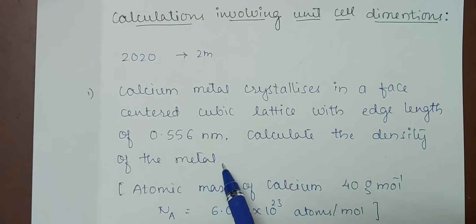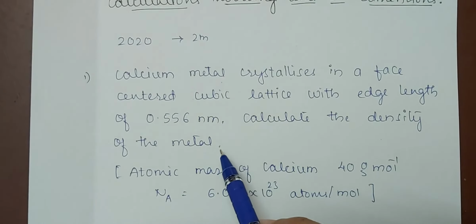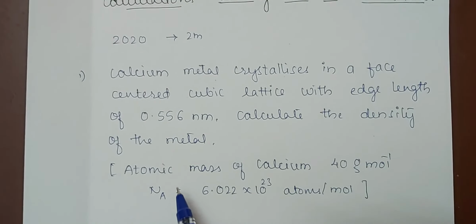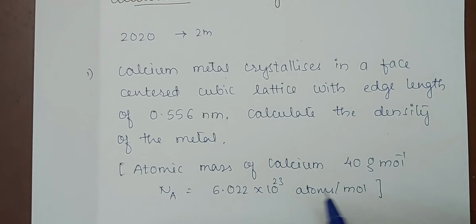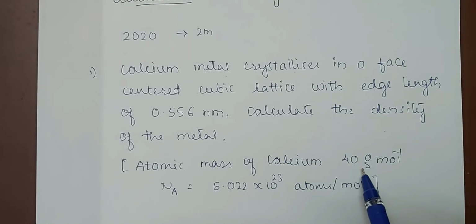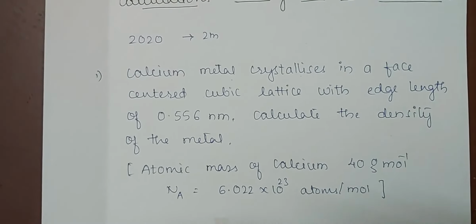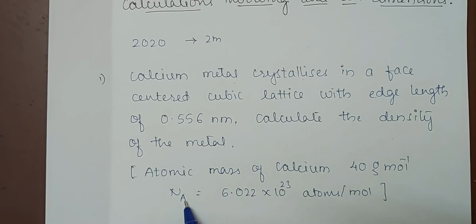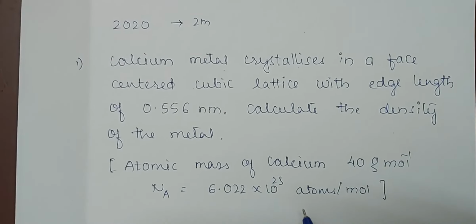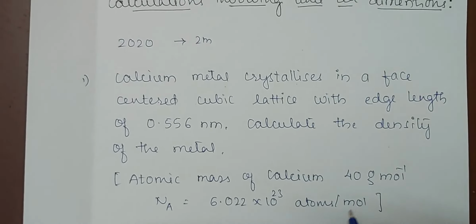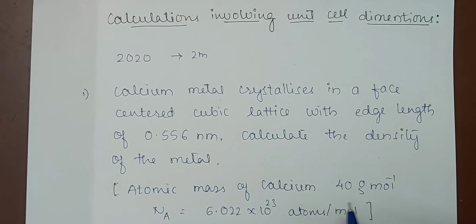Calculate the density of the metal. It's a direct question, very simple. For that, it is given atomic mass of calcium, that is capital M, it is 40 gram per mole, and Avogadro number is also given, Na is equal to 6.022 into 10 raised to 23 atoms per mole. So you have to calculate the density.